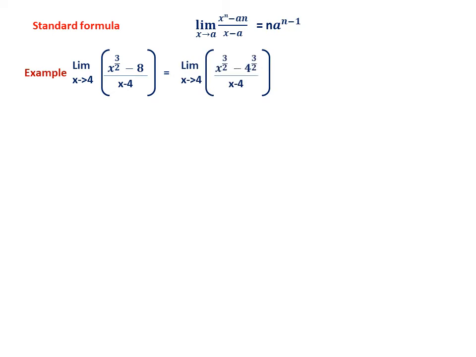See, 8 can be written as 4 power 3 by 2. You can check it. Therefore, now n is 3 by 2. So directly you can substitute 3 by 2 n into a is 4 to the power 3 by 2 minus 1. So when you simplify, you get 3 by 2 into 2. So 2 cancels 3.